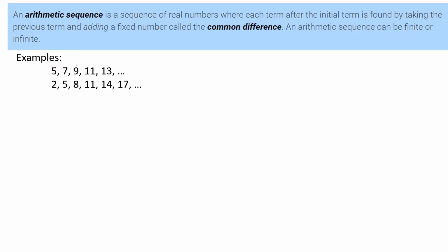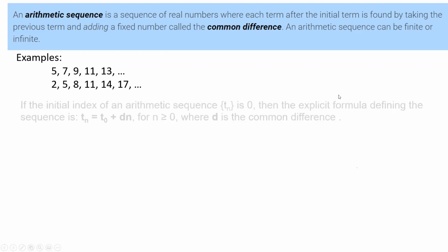Add 2 again, we get a 9. We keep adding 2, and we would get this sequence here. For the second one, we start with a 2 as the initial term, and it looks like we're adding a 3 each time to get each subsequent term. So these are 2 examples of arithmetic sequences.